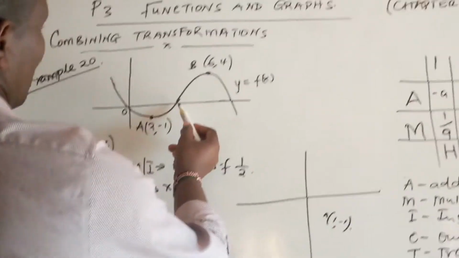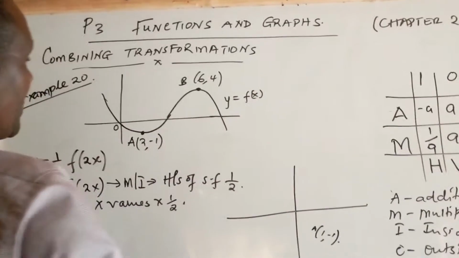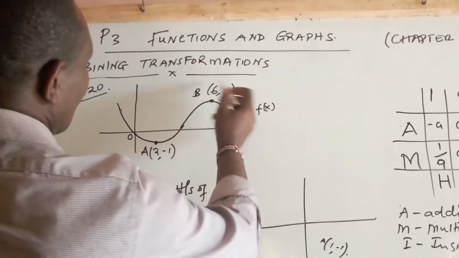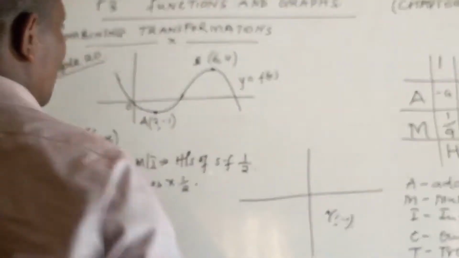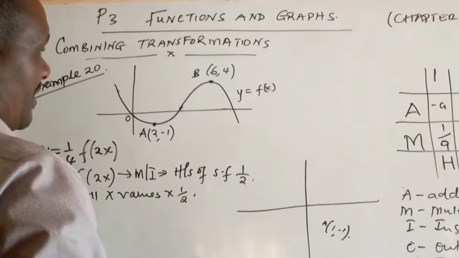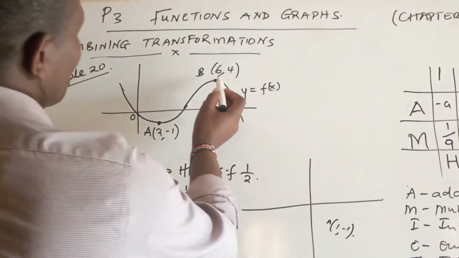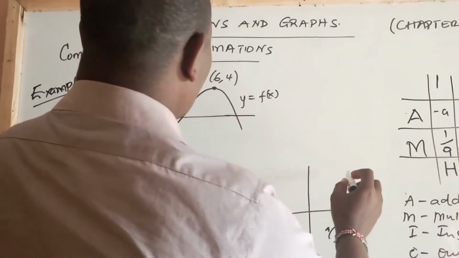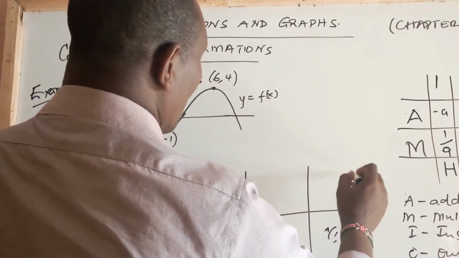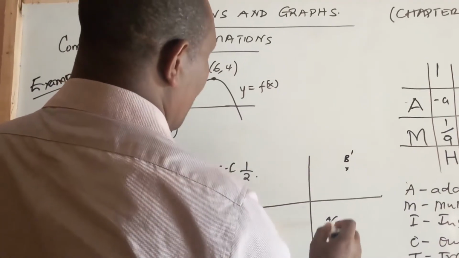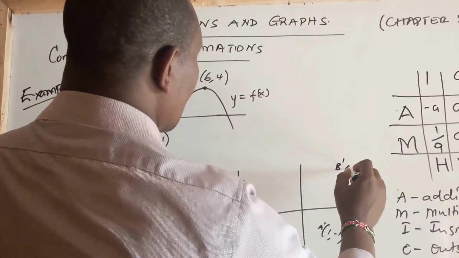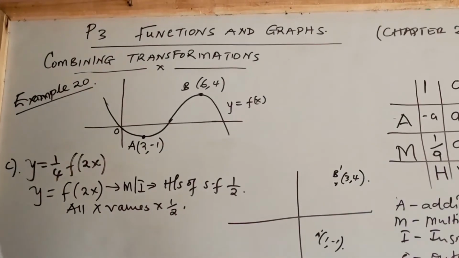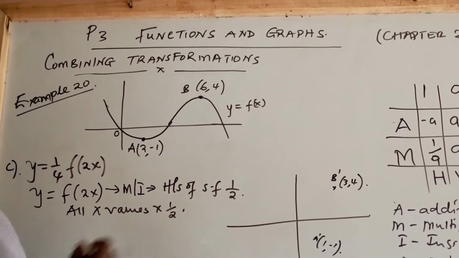Whatever this was will be divided by 2 to be a bit smaller, to be half of that. But since we don't know, let us concentrate on this. Our x was 3. 3 was actually 6. 6 divided by 2 is what we are getting as a 3. And because this is point B prime, this was A prime, coordinates 3, 4. We have multiplied all x values by a half.